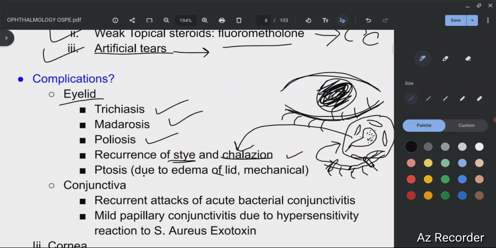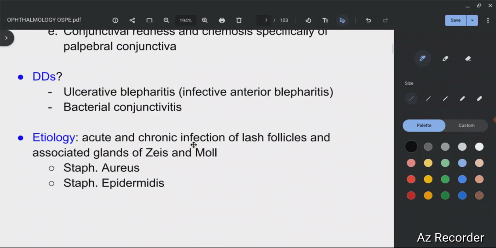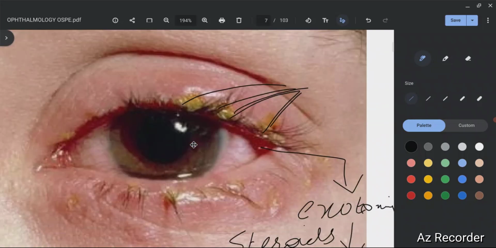Then ptosis. Why ptosis? Let's go to the picture again. You have the edema of your palpebral conjunctiva, right? Because of this edema, you are increasing the weight of your eyelid. And when you increase the weight, obviously the patient will be unable to keep his or her eyes open, and there is drooping of the eyelids.